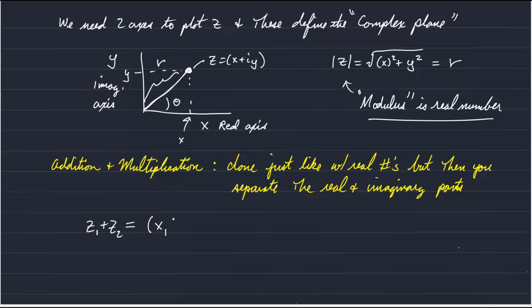We have x1 plus i y1 for z1, and then we're going to add z2, which is x2 plus i y2, and that's simply equal to x1 plus x2, that's the real part, plus the imaginary part, i times y1 plus y2.